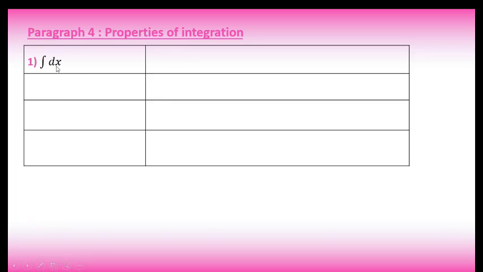Now, paragraph number 4, properties of integration. 1. Integral dx. Can you suggest the answer? Yes, the answer should be x plus c, simply because the derivative of x plus c equals 1. 2. Integral x^n dx: the answer should be x^(n+1) over n+1.